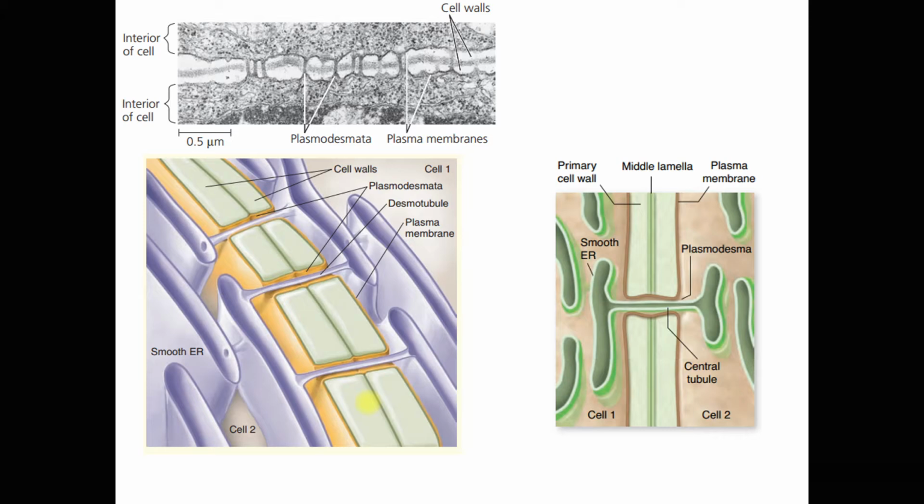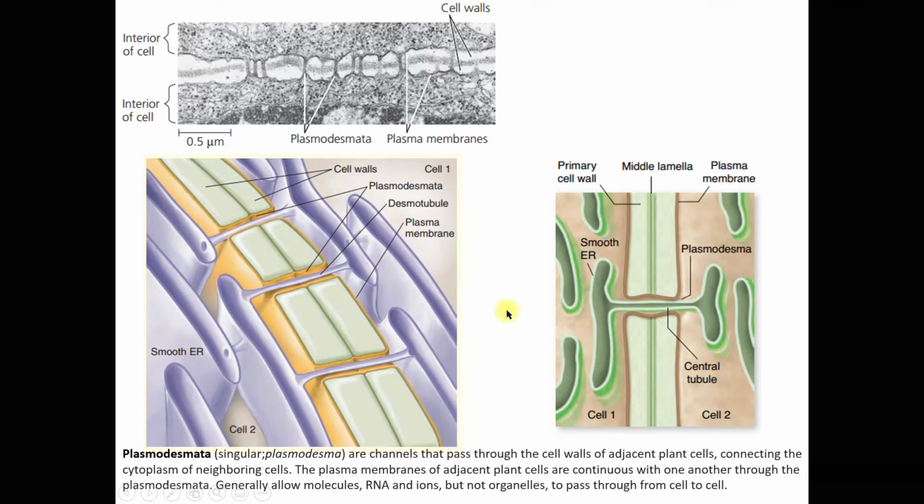Now recall what you have learned in the plant cell about the plasmodesma. Satu plasmodesma, kalau ada banyak plasmodesmata. Now, plasmodesma or plasmodesmata are channels that pass through the cell walls of adjacent plant cells, connecting the cytoplasm of neighboring cells.